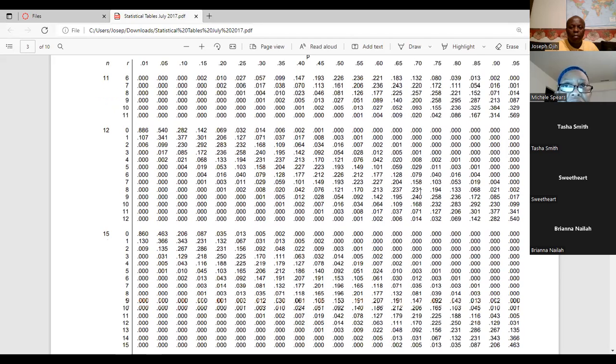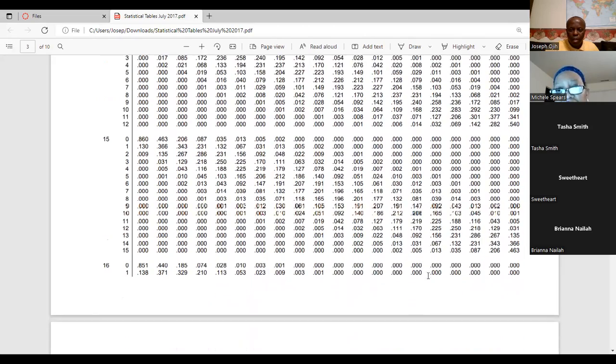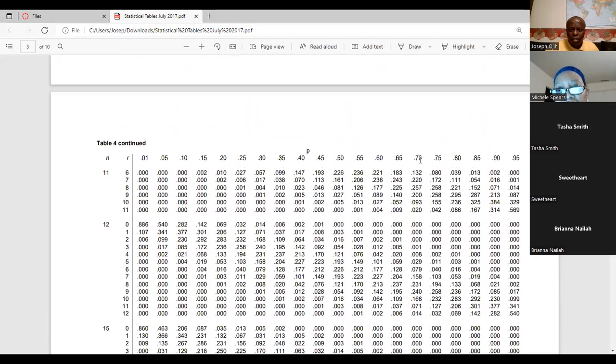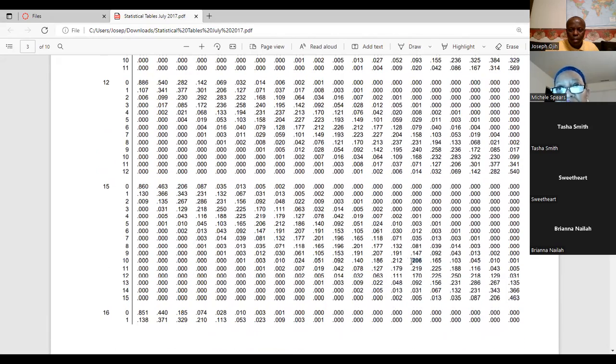If you follow it down, all the way to 0.7 and under 15, you can see 0.206.